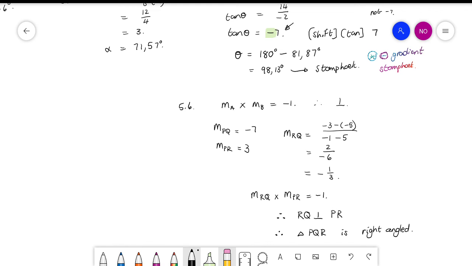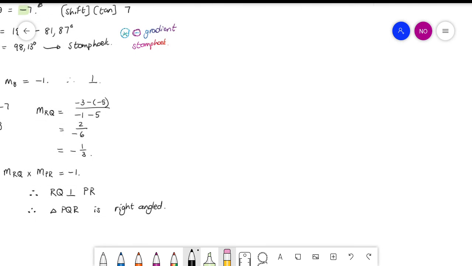Quickly before we go, I just want to get you guys started on number 6. I will upload this for you guys anyway. It says for number 6, determine the values of x if, and then they give you the coordinates of P, Q, R and S. For the first one, they say if PQ is perpendicular to RS.